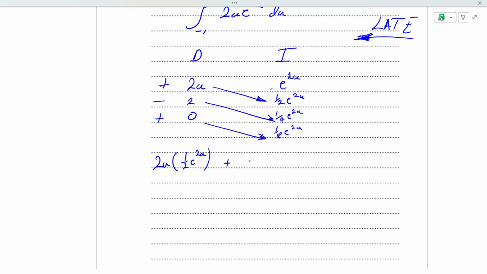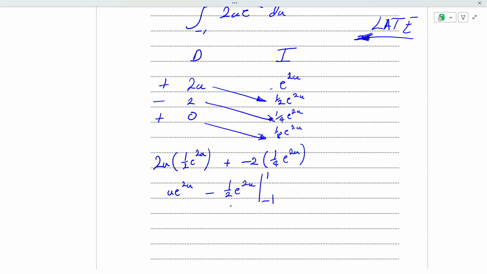Then you're adding that to minus. Now it's this minus here, right? Multiplied by 2 multiplied by a quarter e to the 2u. So it becomes negative 2 multiplied by a quarter e to the 2u. When you simplify that, you have ue^2u minus half e^2u.